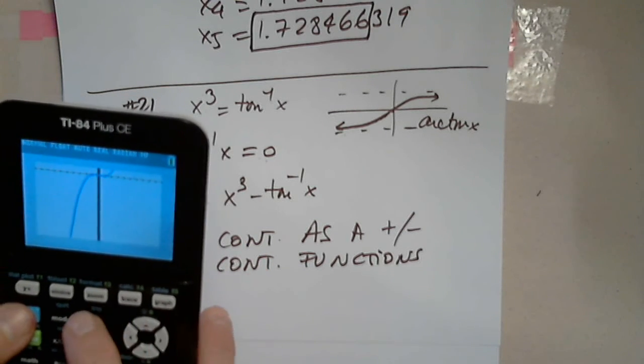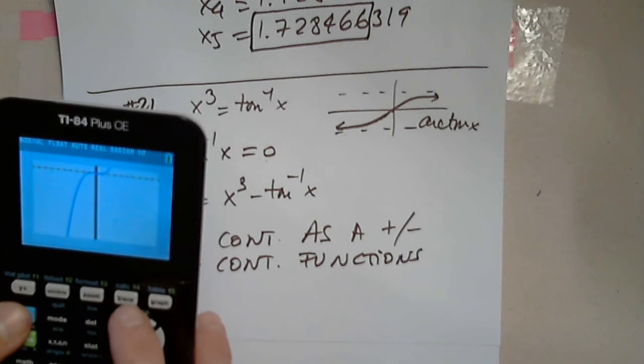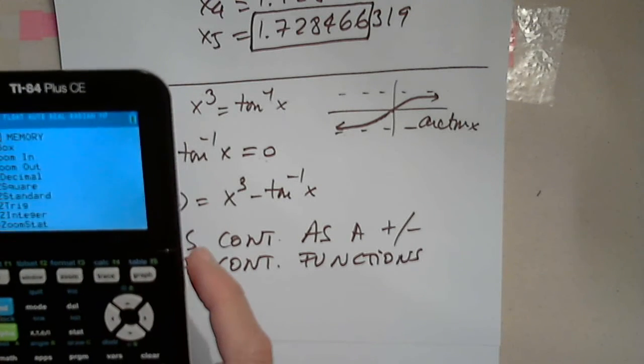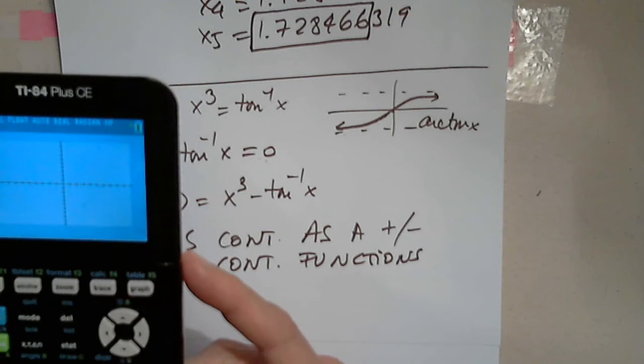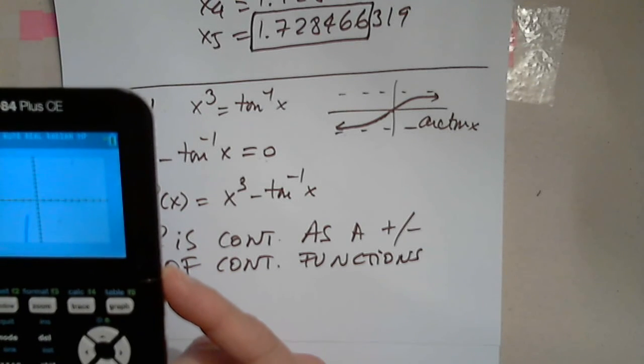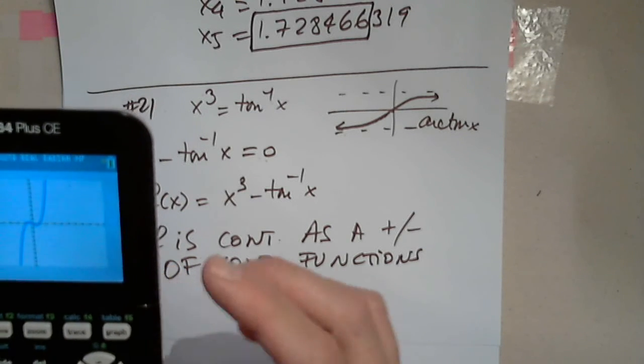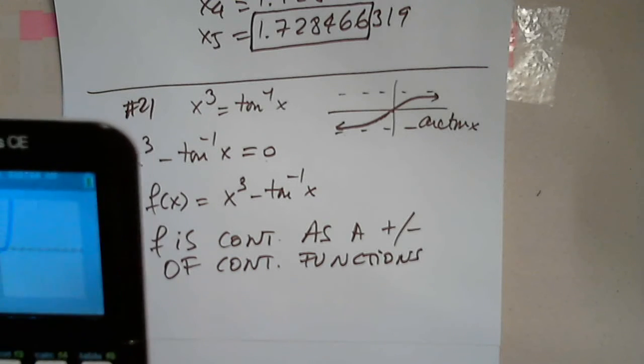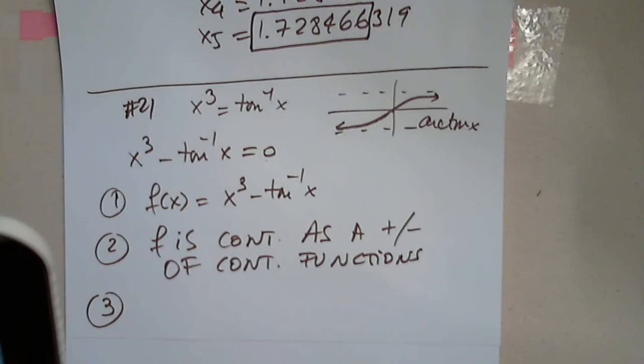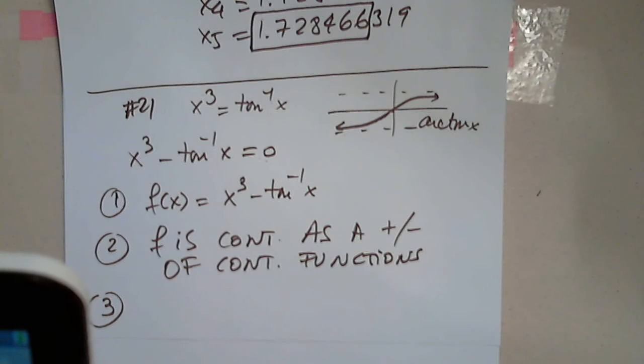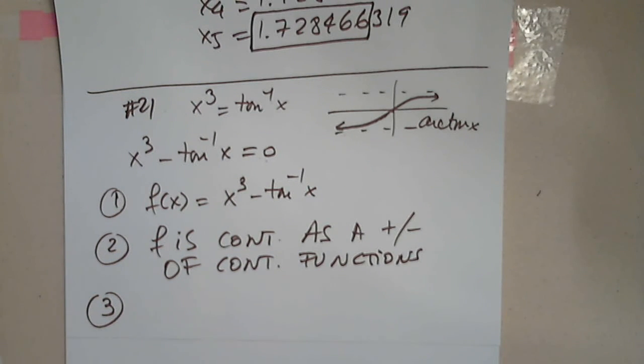Okay, so I just wanted to change the viewing window for a second. Okay, so it does have 0, it has negative, close to -1, and it appears to be 1 and -1.